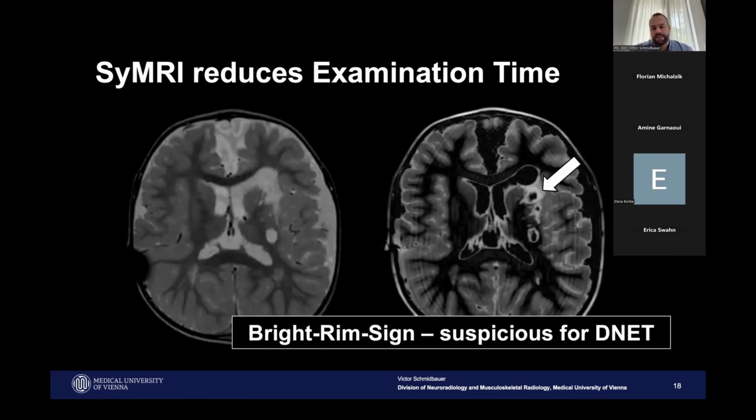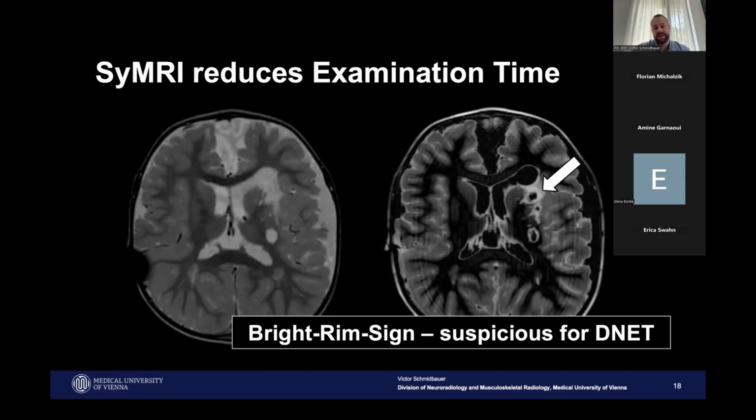You can see on the right side of this slide, the MDME-based double inversion recovery contrast, where white matter is suppressed, but also CSF. And you can see at certain areas, there is some hyperintensity surrounding these cystic lesions, which is one of the specific signs, called the bright rim sign, which is highly suspicious for the presence of DNET, which of course explains these epileptic fits.